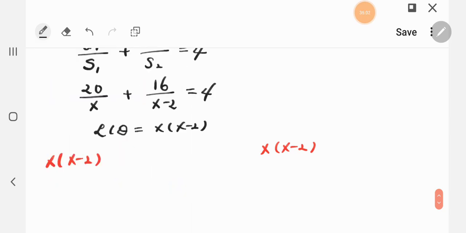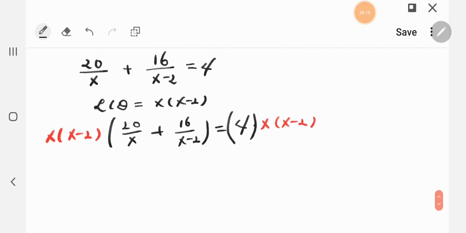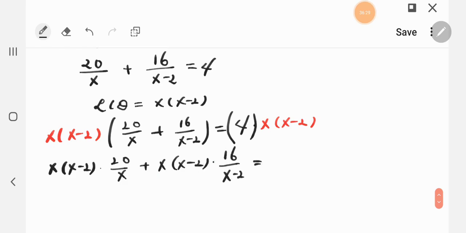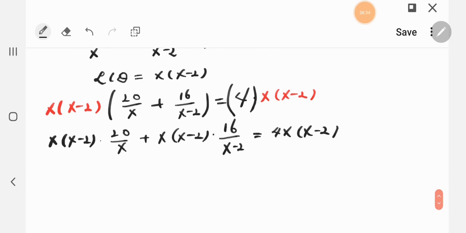The left side is 20 over x plus 16 over x minus 2. Let's multiply each side of the equation by the LCD and then distribute. So x times x minus 2 times 20 over x, plus x times x minus 2 times 16 over x minus 2. Then the right side is 4 times x times x minus 2.